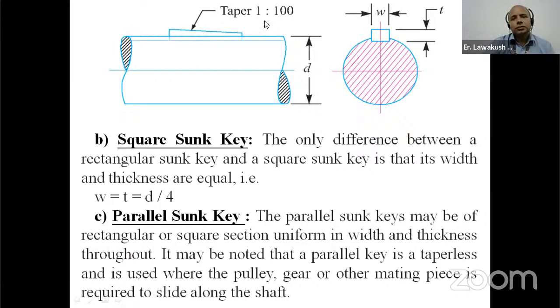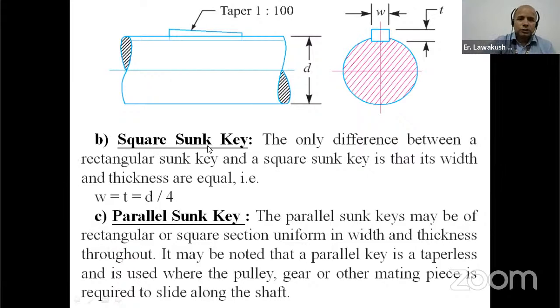This taper is 1:100, and this is the diameter of the shaft. In side view, you can see here W. W is the width of the key, and T is the thickness of the key. In side view, the key will be seen in this form, just like a small rectangle.